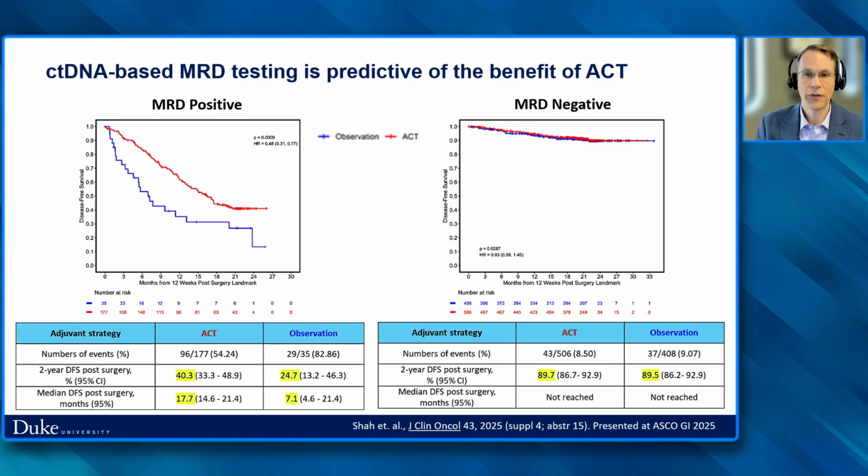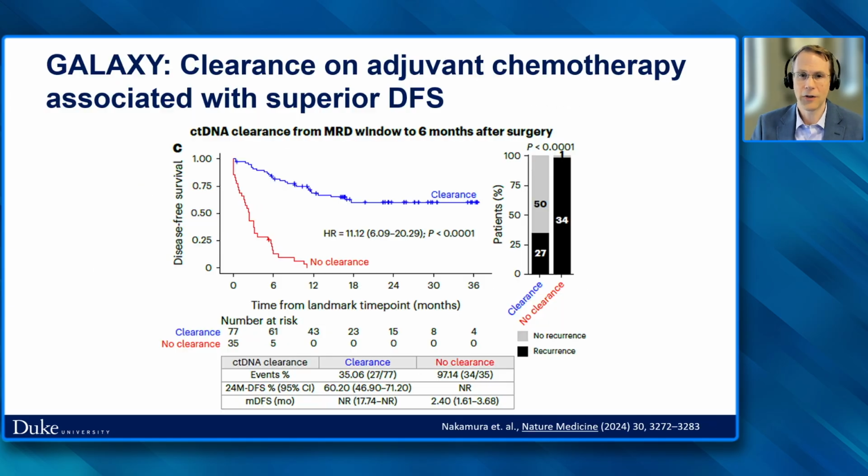For those patients that are MRD negative, we see no difference in observation versus adjuvant chemotherapy. Now, this is, once again, not practice changing because this is an observational data set. We don't know why patients were given chemo or not, but it, once again, does support prospective validation of this concept.